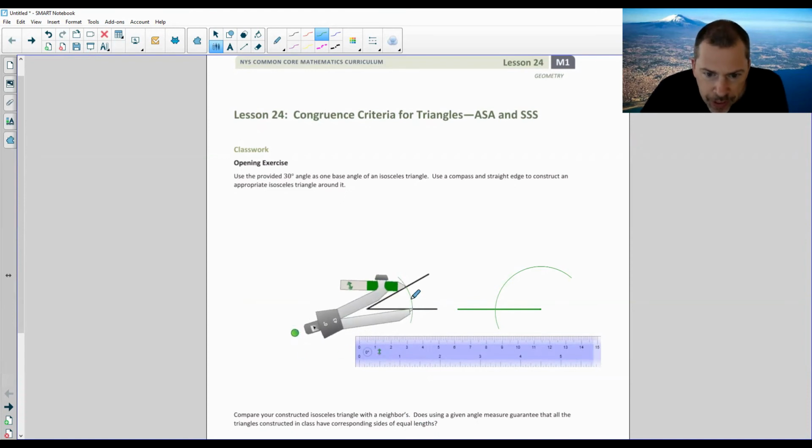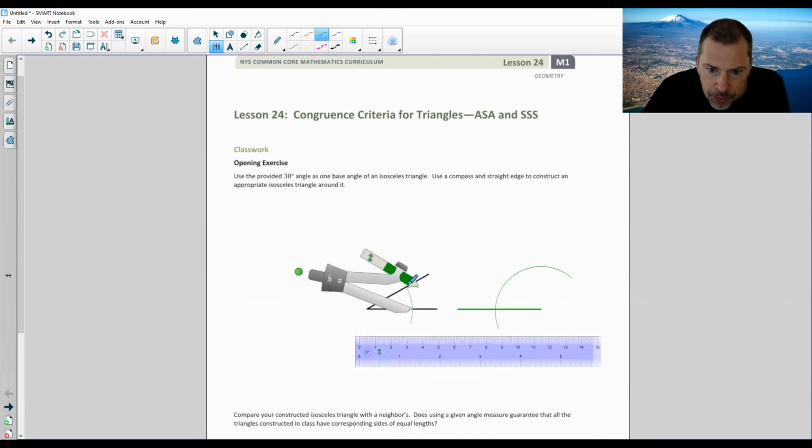So you see how I've got it open from the intersection of the arc and the ray to the other intersection point. It's the width on that arc from this intersection point to that one. I'm just going to draw a little mark right there. Actually, I should maybe open that just a little bit more. And I draw an arc.